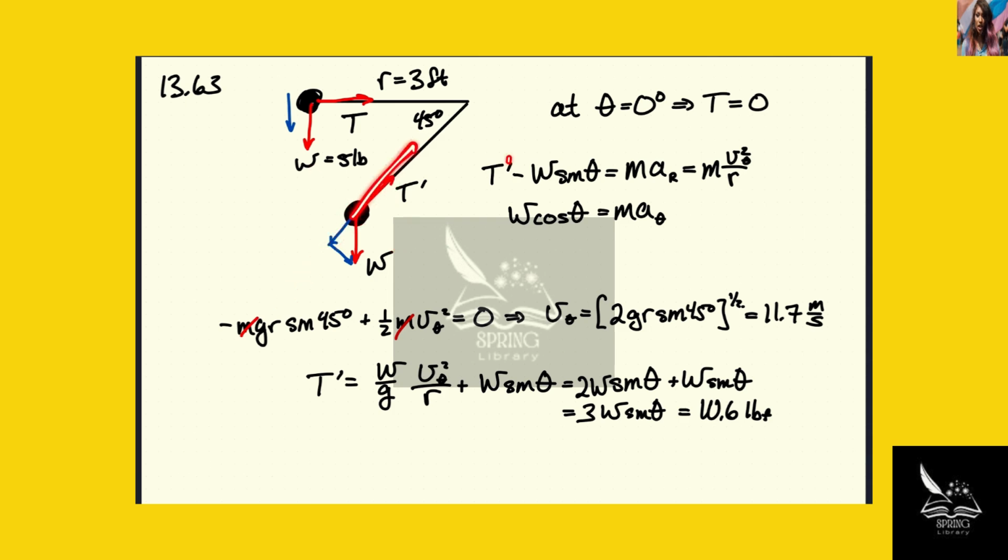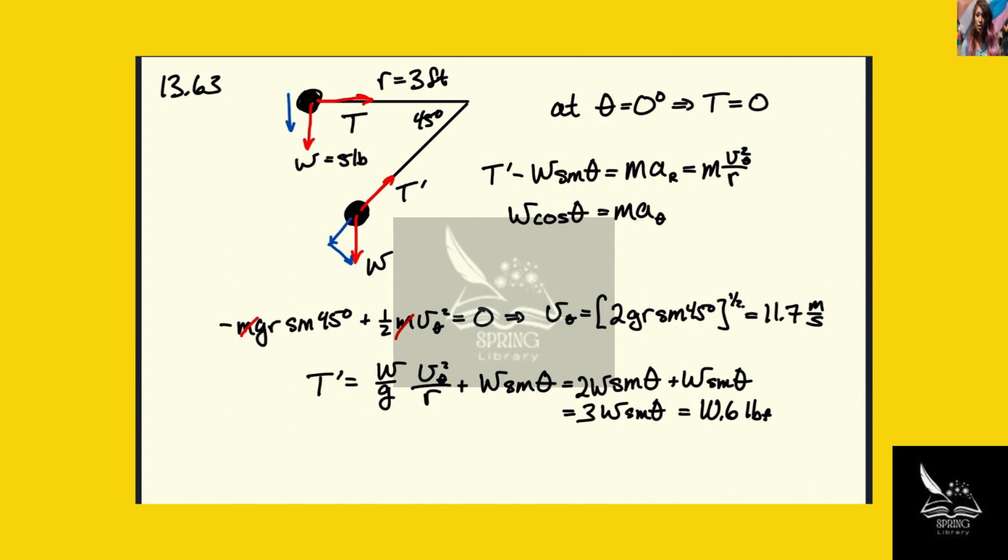In this direction we have T, which I'm going to assume is positive, and then we have a component of W, the weight, in the opposite direction as T. That equals the mass times the radial acceleration at that point, and the radial acceleration is the centripetal acceleration, v theta squared over r. In the tangential direction, we have the tangential component of the weight, and that equals the mass times the acceleration in the tangential direction.